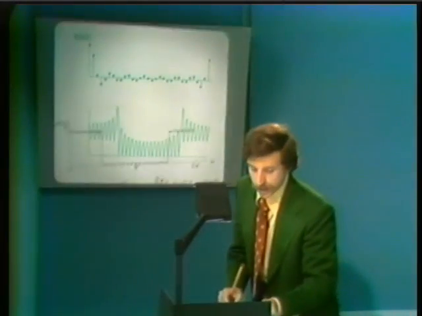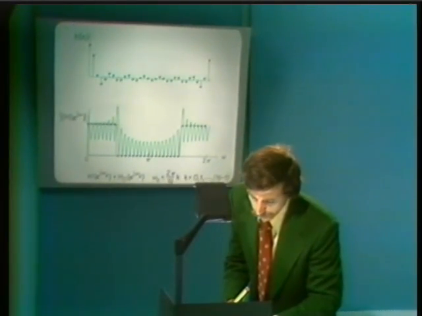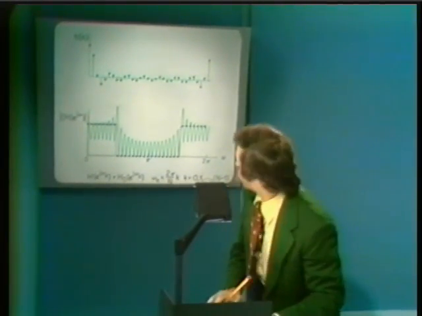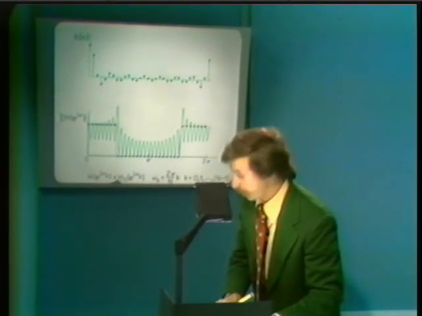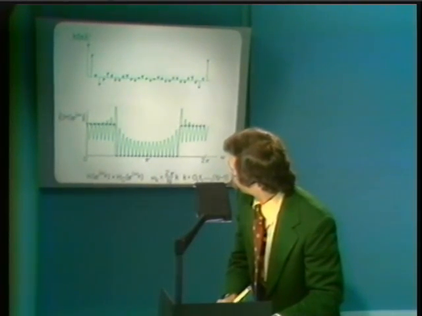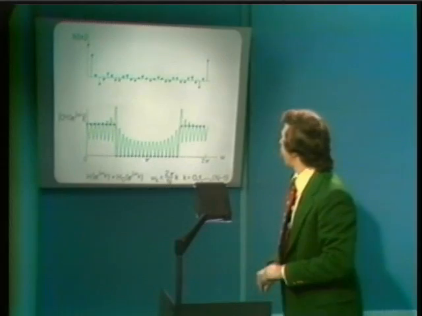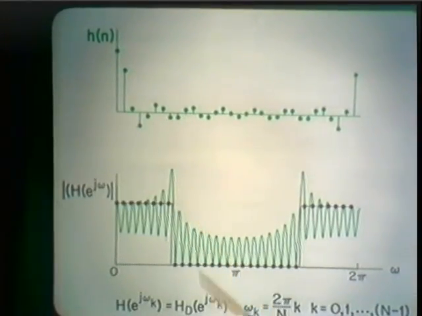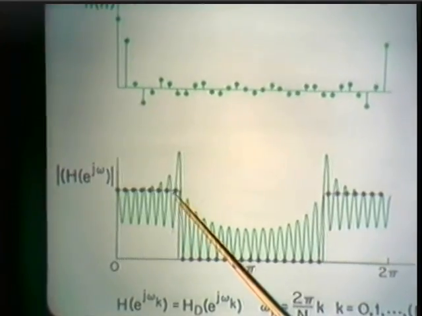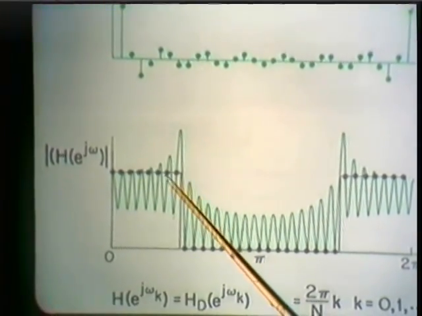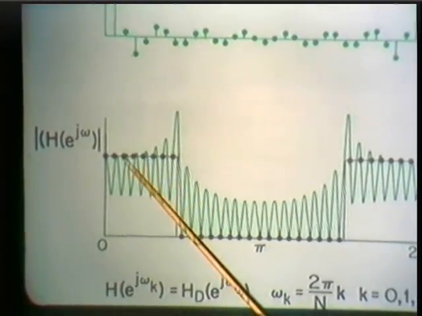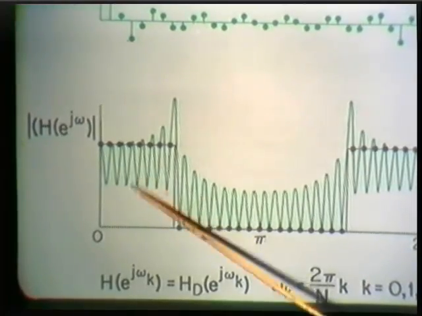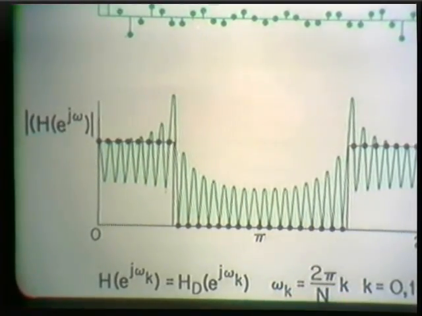And we can see that by, again, putting these two on top of each other. You can see in this case, again, that this frequency characteristic goes through the specified frequency samples, but it has a very wild behavior in between.